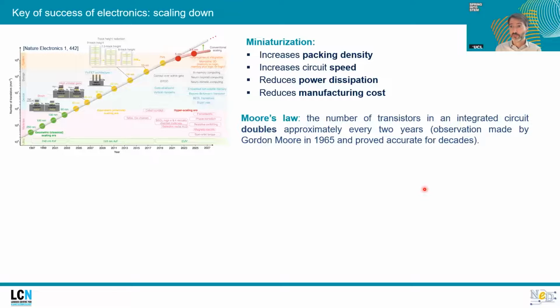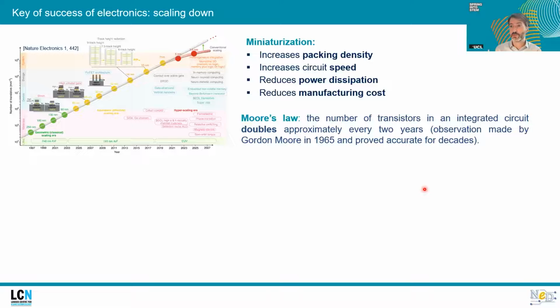So transistors have evolved in the last few decades, so their performance has increased massively, and that to a large extent is due to the fact that they've been made smaller and smaller. So essentially it is due to miniaturization. Miniaturization increases the packing density, increases the circuit speed, reduces power dissipation, and also reduces manufacturing cost.